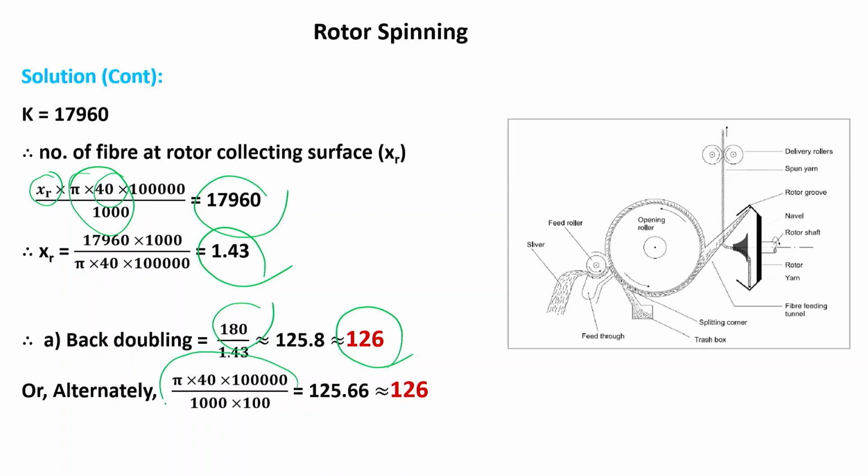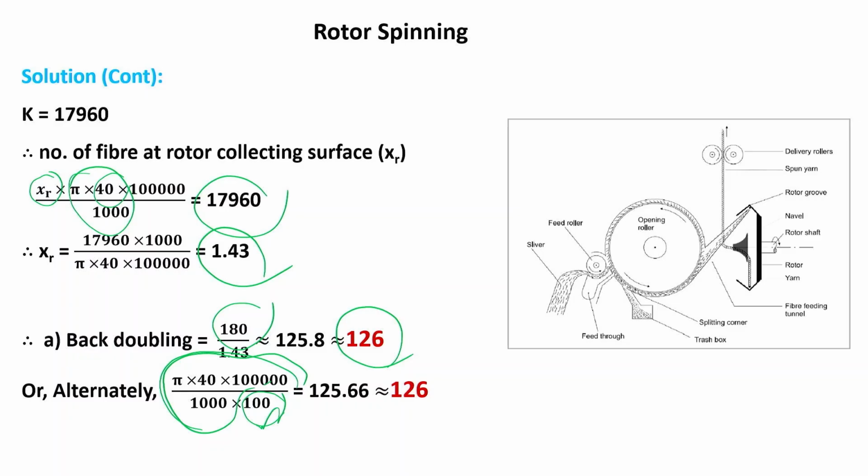Alternatively, we can also calculate it as the speed of the rotor divided by the speed of the yarn. So, based on the speed also we can calculate, or based on the number of fibers. The rotor surface speed is pi multiplied by 40 multiplied by 100,000 divided by 1000, divided by the speed of the yarn.